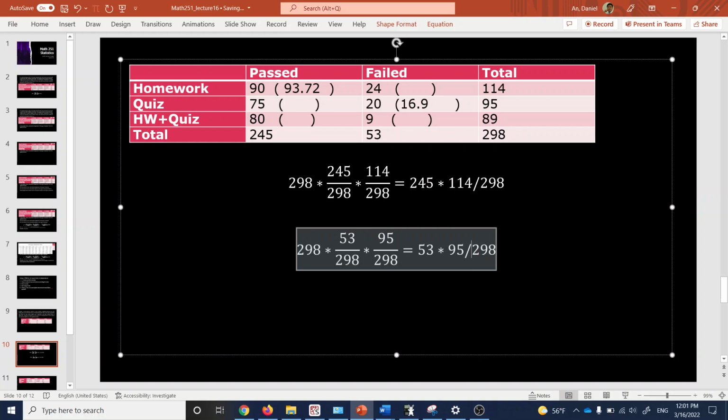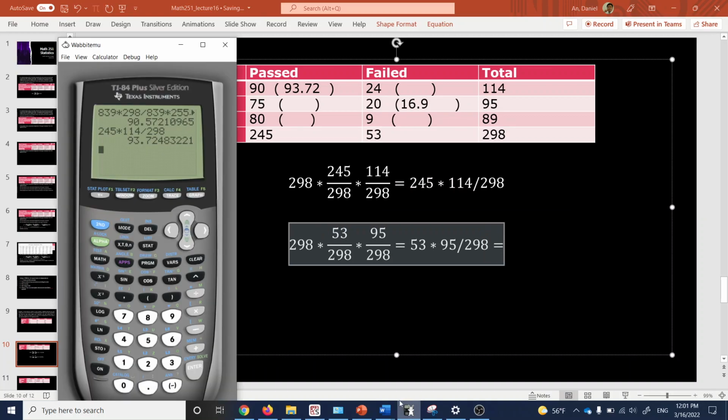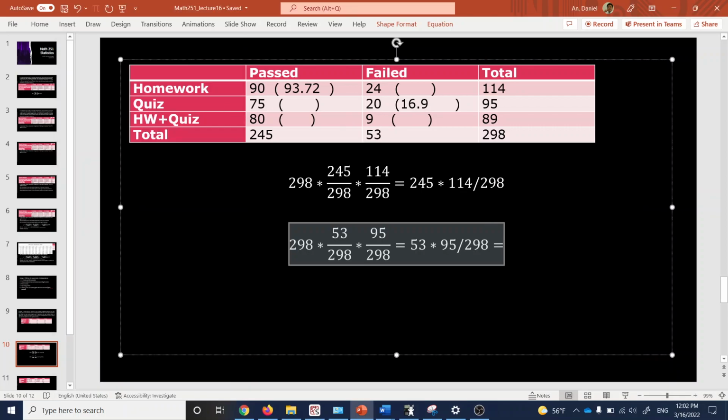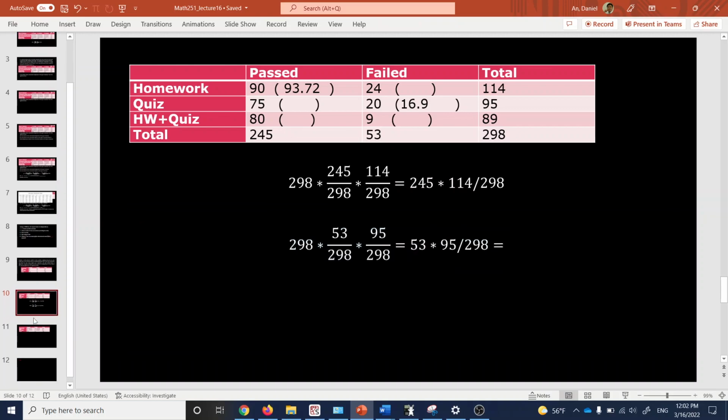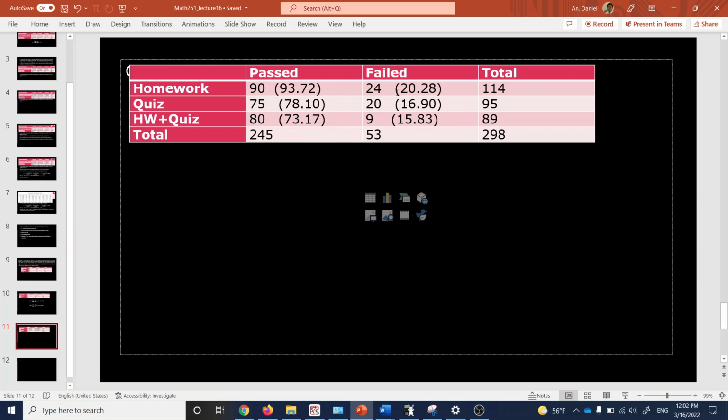And let's see, 53 times 95 and then divide by 298. And you get 16.89, which is 16.9. Very good. Yeah, well done. All right. So if we do that for every one of these cells, you're going to get these as your expected values.